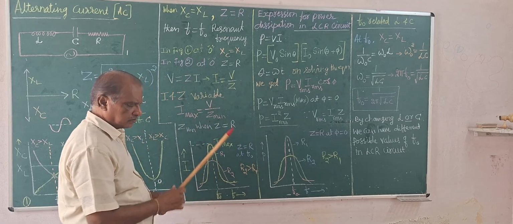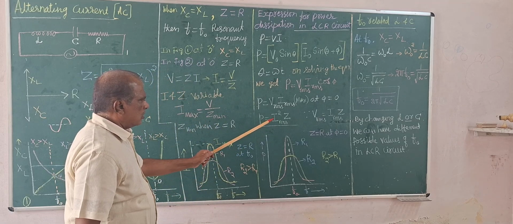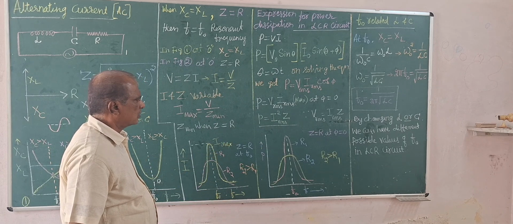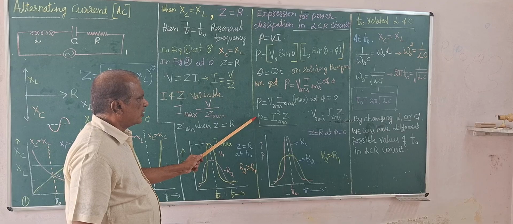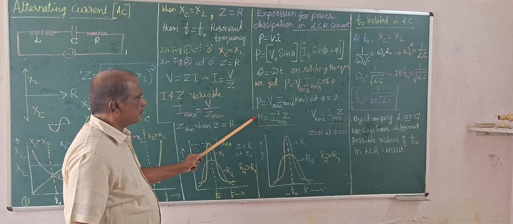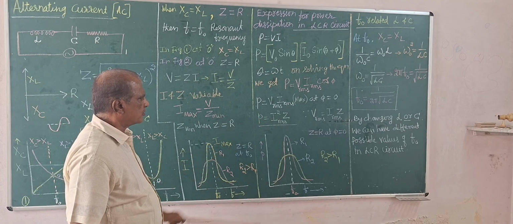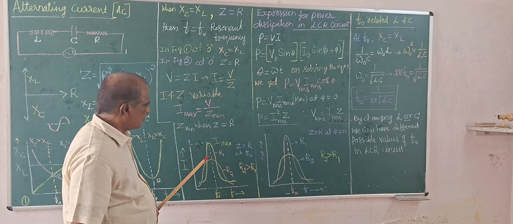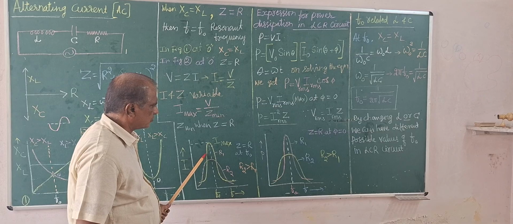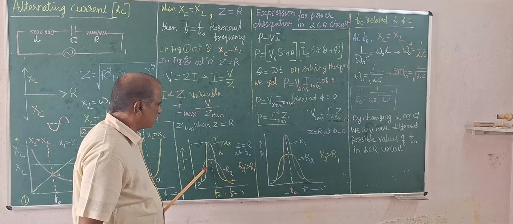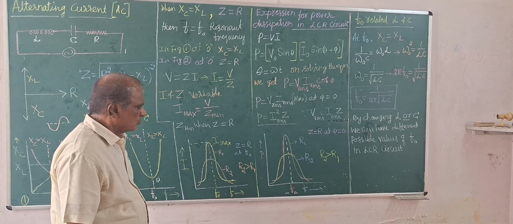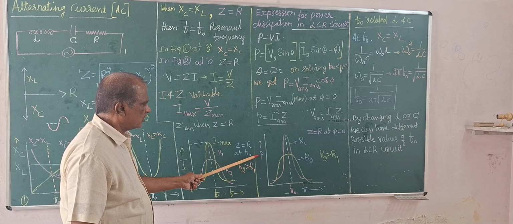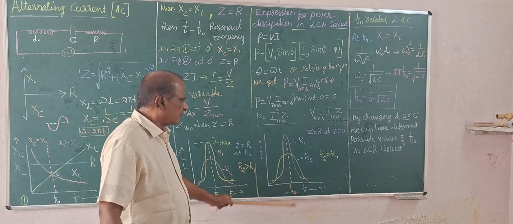I said already, I is a function of frequency, then P must also be a function of frequency. Here there is a direct relationship. Then we get a graph similar to this for power dissipation. Power dissipation in LCR varies with frequency.